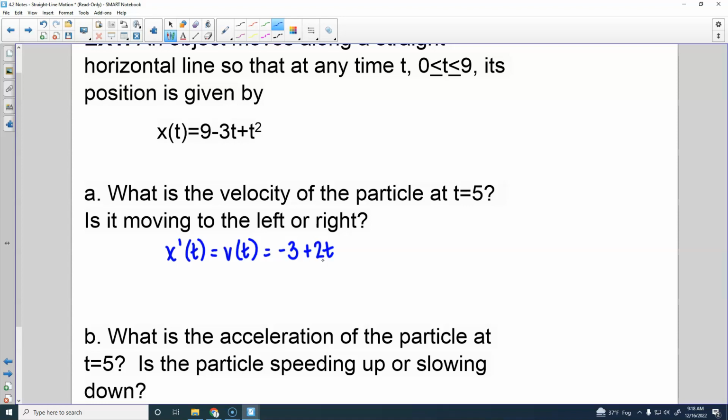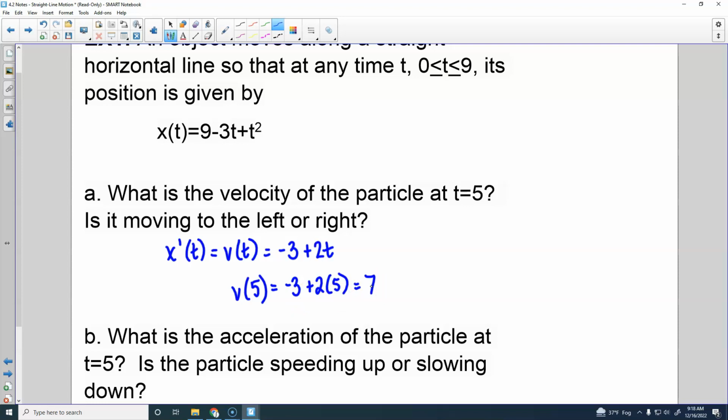So what have we got to do? Plug in 5. Once you have written v of t equals x prime of t, you can call it v now if you want, or you can call it x prime. Either is fine. So we would have negative 3 plus 2 times 5, which is negative 3 plus 10, so we'll get 7.